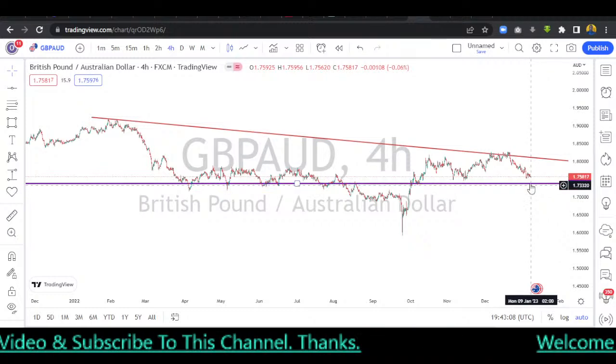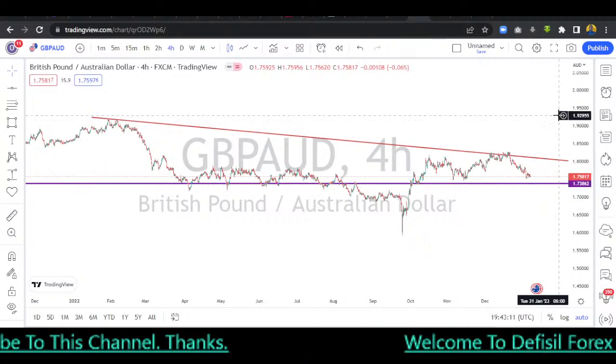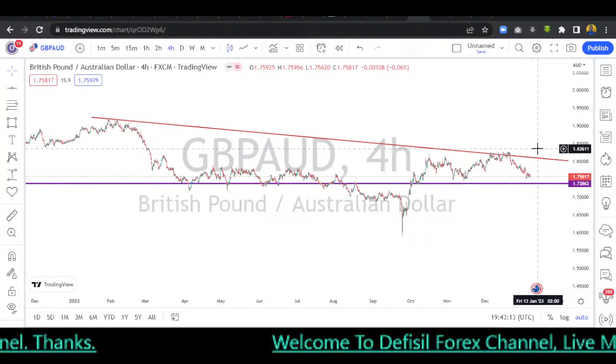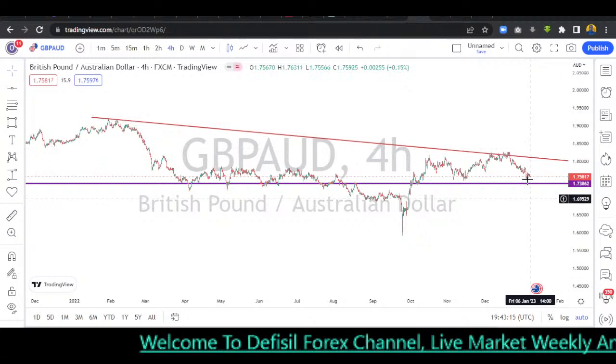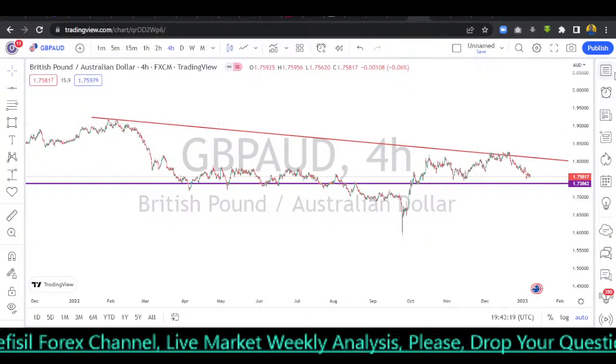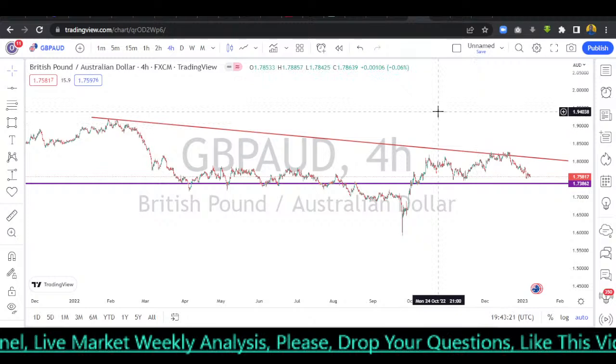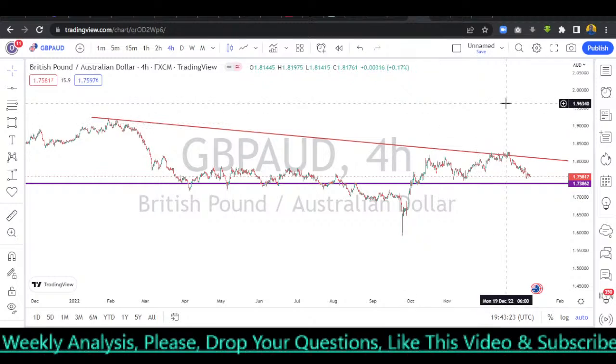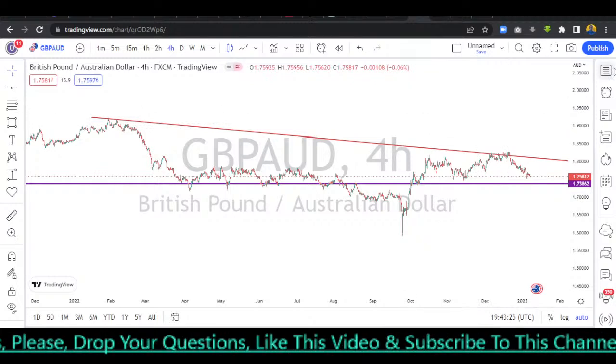The tendency to reverse upward is more likely than breaking below the purple line. So that's my take, or my opinion, on this GBP AUD. So let's move to the next chart.